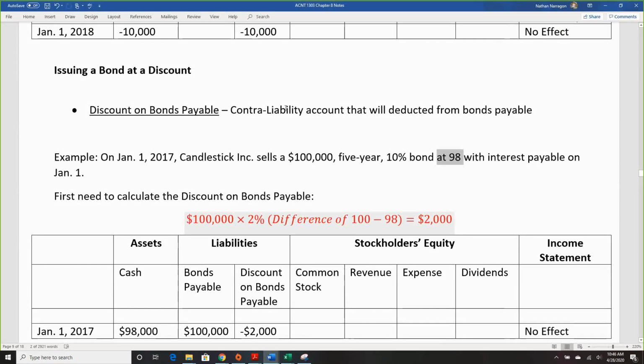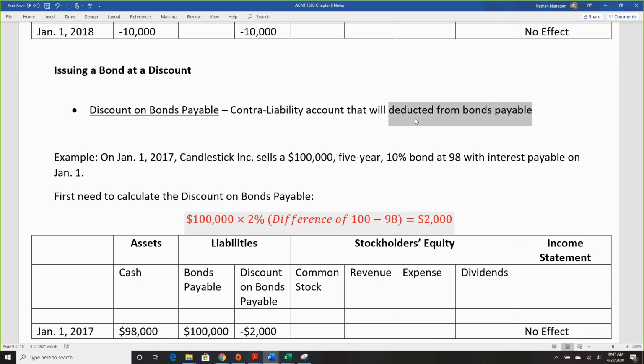And what do you know? Discount is a contra liability account. So, since it's a contra, it will actually deduct from bonds payable. So anytime we put this in our table, discount will be a negative number.